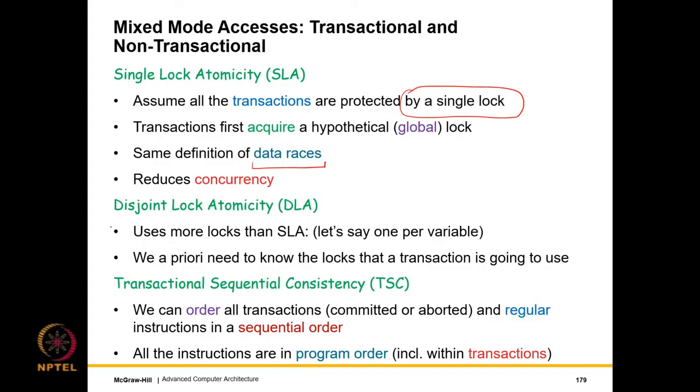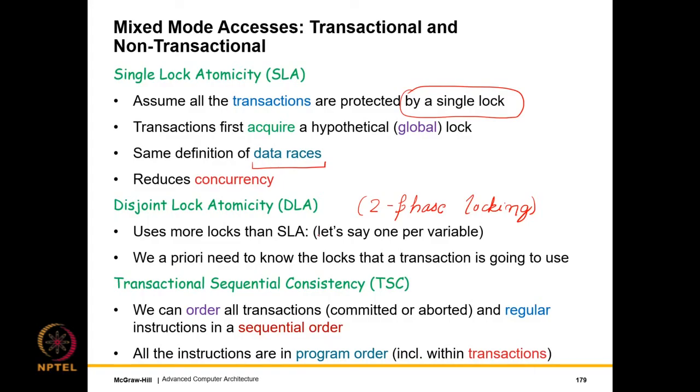So if we go back to our discussion on locks, we could use standard two-phase locking and have multiple locks. So this is called disjoint lock atomicity. So in this case, we use many locks, let's say one lock per variable, but the catch is that we need to know a priori which locks a transaction is going to use such that the locks can be acquired in a certain order, right?